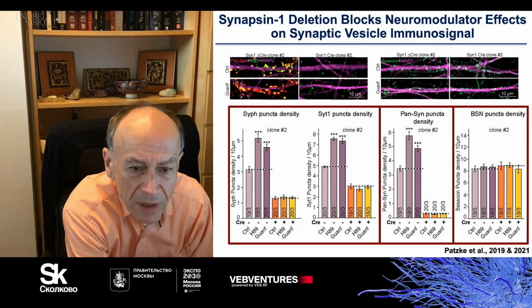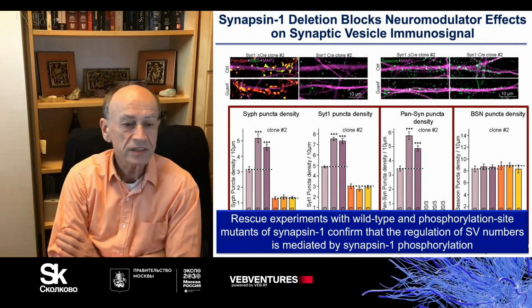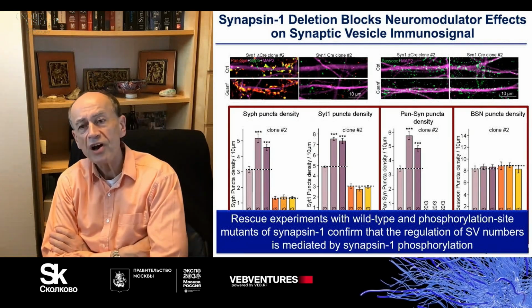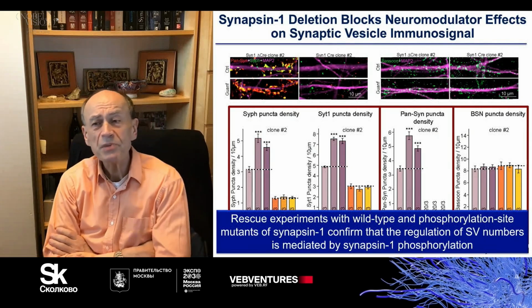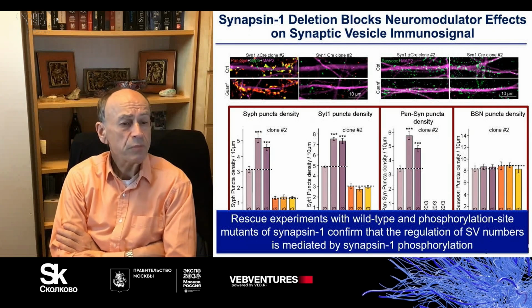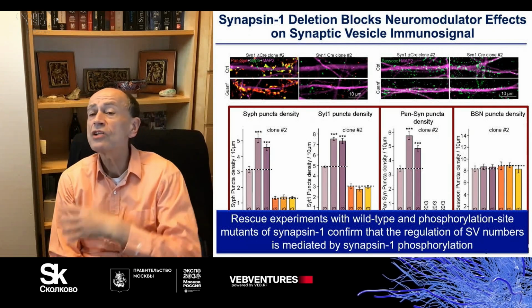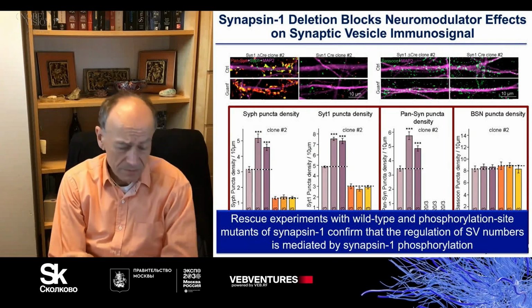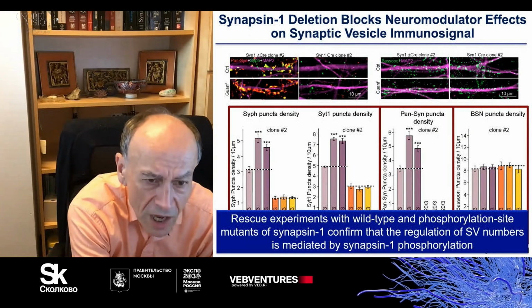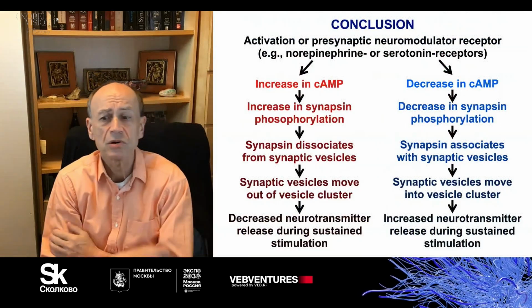And further experiments demonstrated that this applies to multiple neuromodulators, most importantly, possibly to neuromodulators that are based on endocannabinoids, which are very important, maybe the most important neuromodulators in brain, and that also operate in part by this novel mechanism. So what I want to do now is summarize what I've tried to tell you in this part of my talk.